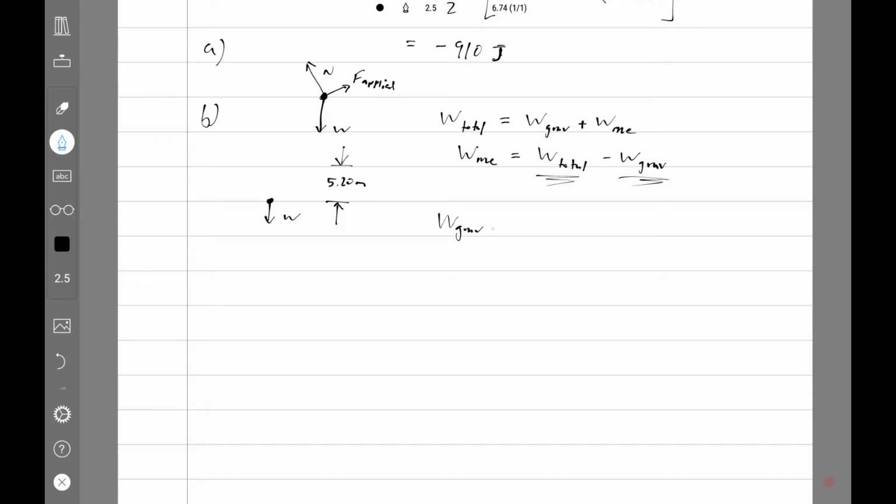So W gravity, since the displacement is actually in the upward direction and gravity is acting downwards, there's got to be a negative sign here. Negative mg, and then just for simplicity I'll call that y, mgy. So the answer to part B is going to be the negative 910 joules minus a negative mgy.